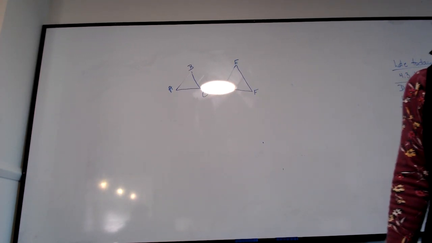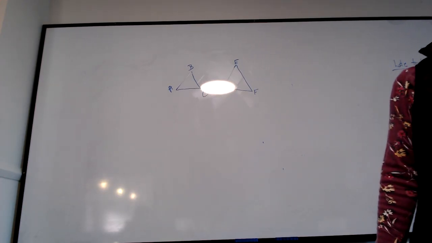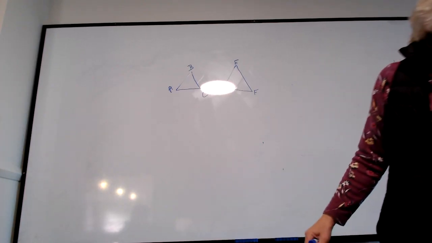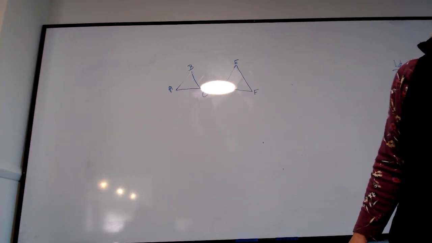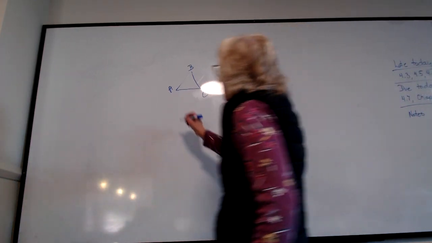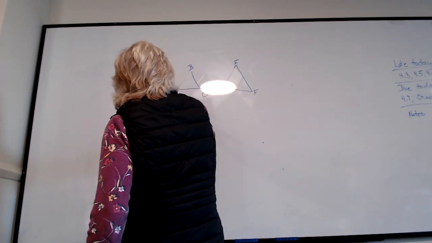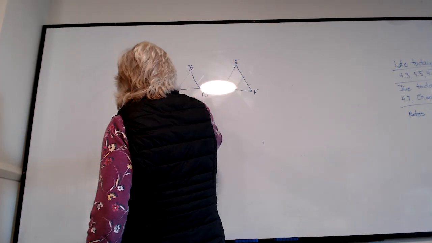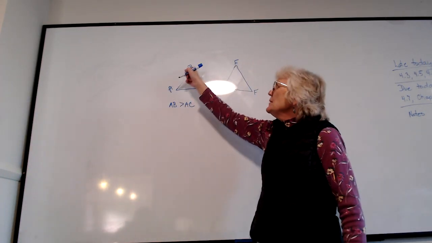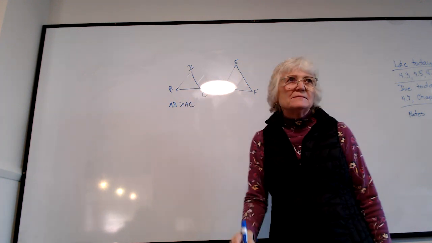It says if triangle ABC, so in this one, side AB is greater than AC. Even though it may not appear like it, AB is greater than AC.